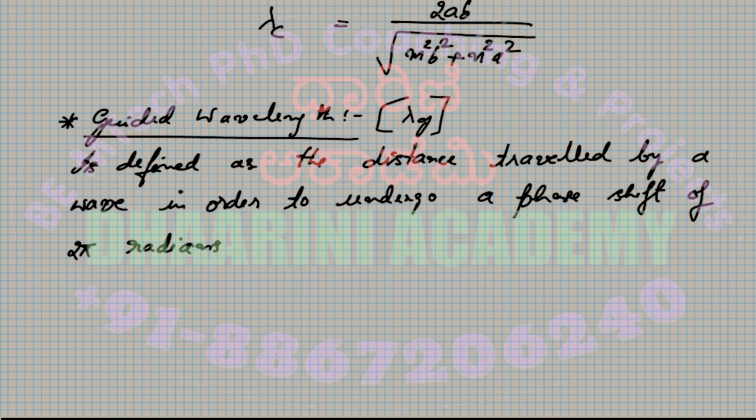This lambda g can be calculated as 2 pi divided by beta.